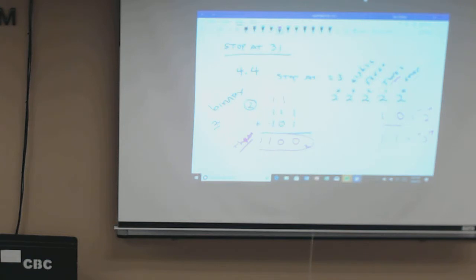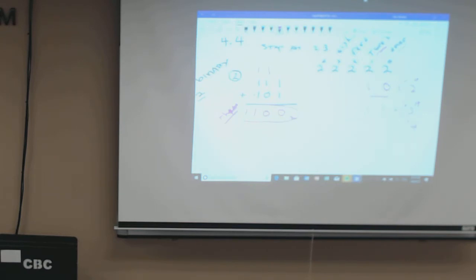Now, let's just go ahead since we started doing this. So if 10 is 2 and 11 is 3, what would be 4? Look at the chart. What would be 4? 1 four, no 2s and no 1s. What would be 5? 1 four, no 2s and 1 one.